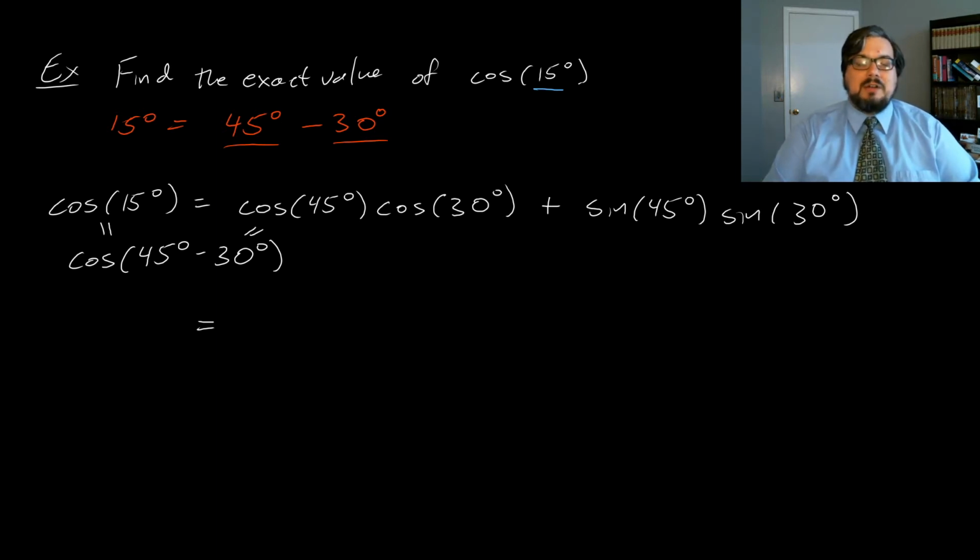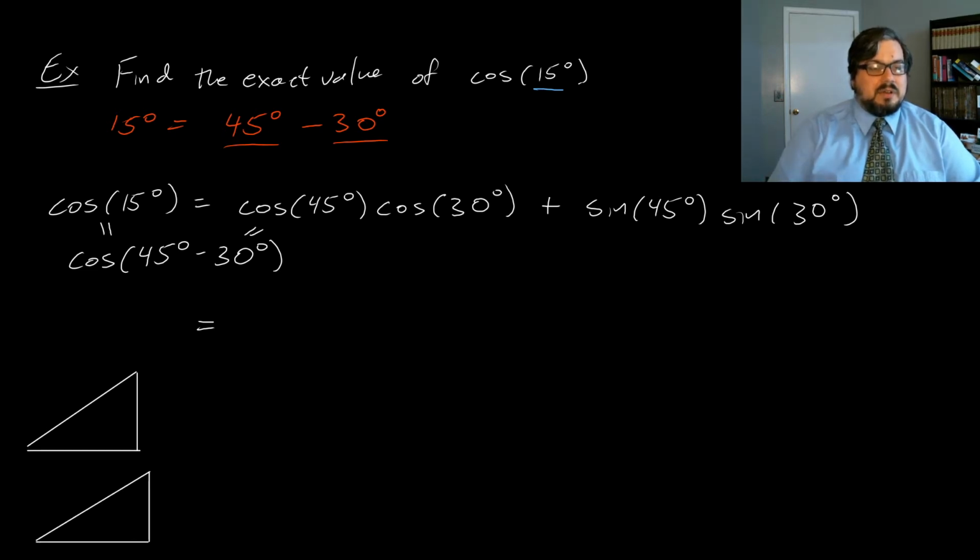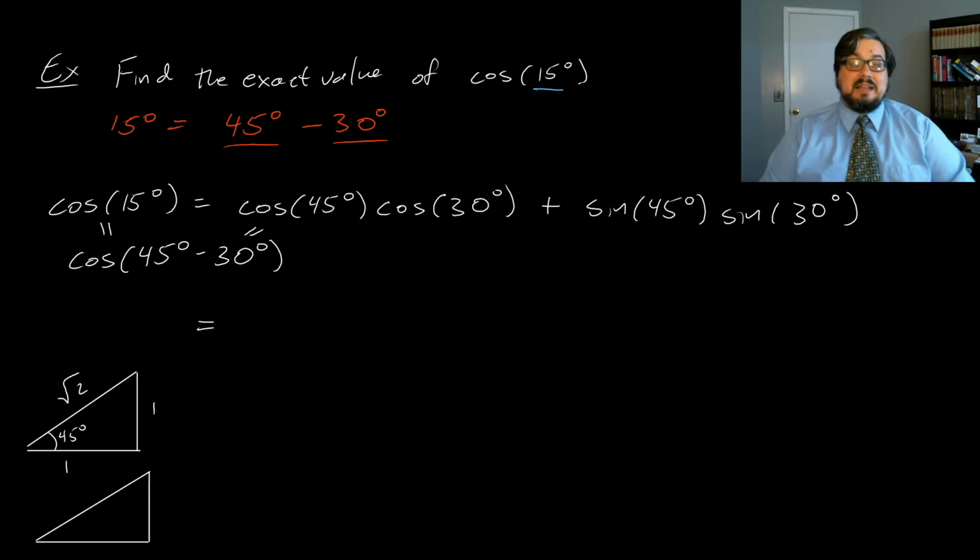And we can work out each of these things. So sketching out a couple of triangles for ourselves. We know that if we've got a 45-degree angle here, there is a triangle with side lengths 1, 1, square root of 2, with 45 degrees as the interior angle.